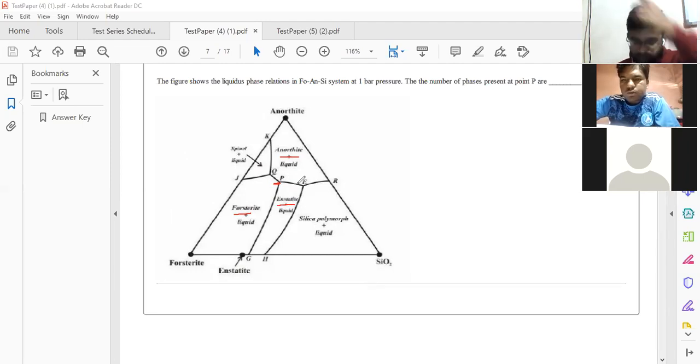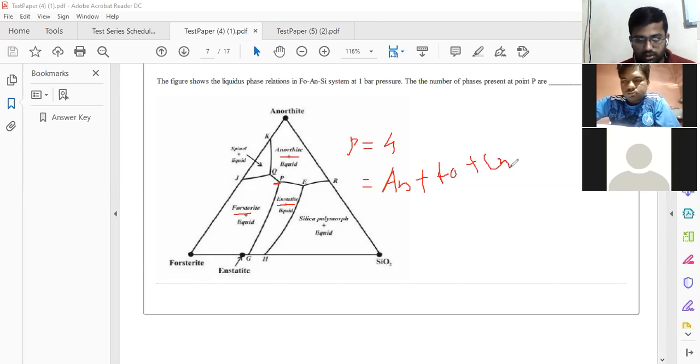Clear? Means P is equal to 4. कौन से? Which one? Anorthite, okay, plus forsterite, plus enstatite, plus liquid. Clear? Number of phases at point P.